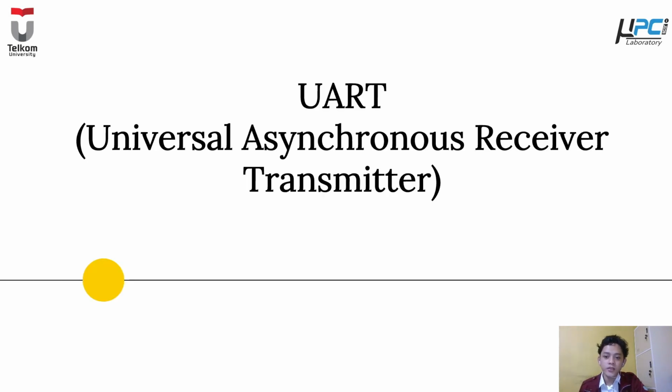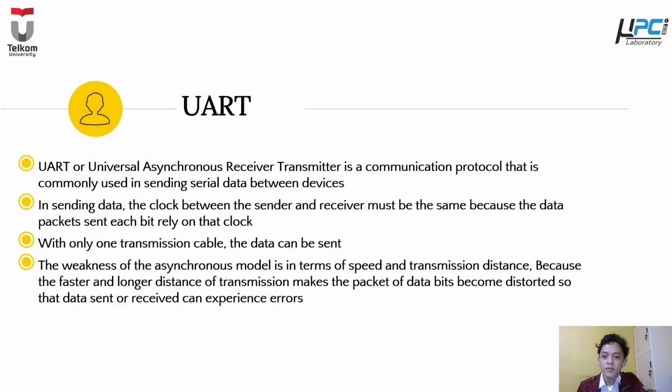The next one is UART or Universal Asynchronous Receiver Transmitter. UART is a communication protocol that is commonly used in sending serial data between devices. In sending data, the clock between the sender and receiver must be the same because the data packet's bits rely on that clock.